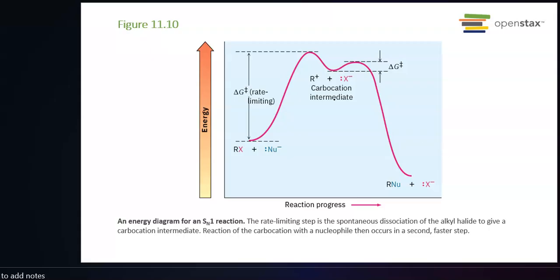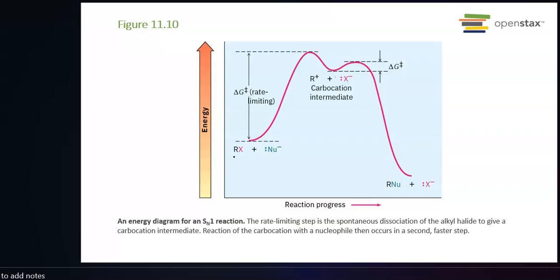In SN2 reactions, if you recall, it was a concerted reaction. Everything was happening in a single step, where the leaving group was leaving, at the same time the nucleophile was attacking, and the transition state had a 5-membered state for the central carbon atom, which was the one attached to the halogen. Now in this case, it's a 2-step reaction where the intermediate is a carbocation.